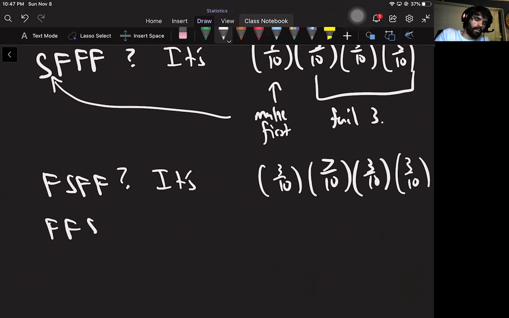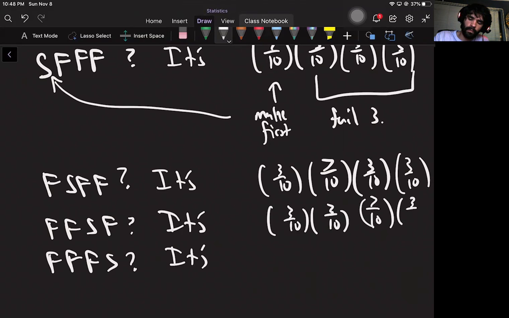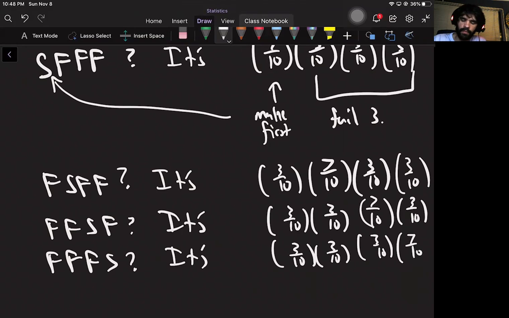So the next one, and the next one after that, I can get very easily by just doing the same pattern. So the last one is going to be fail, fail, fail, and then finally succeed on the last try.